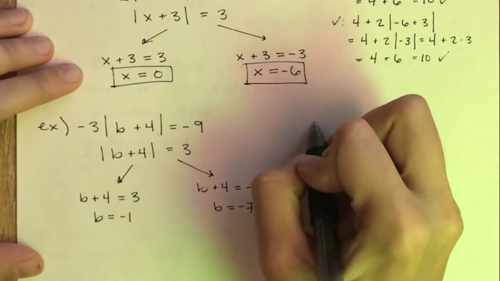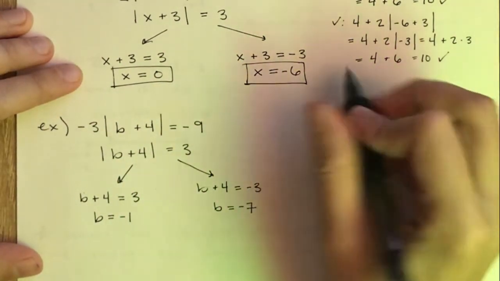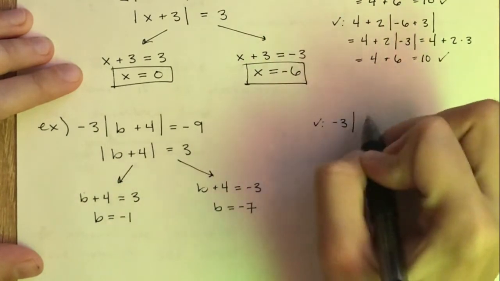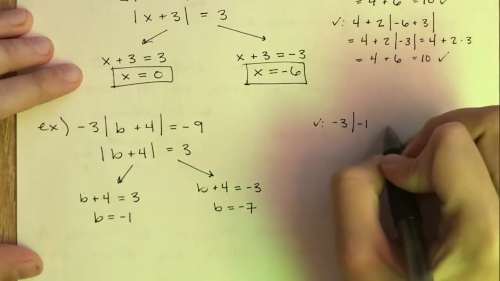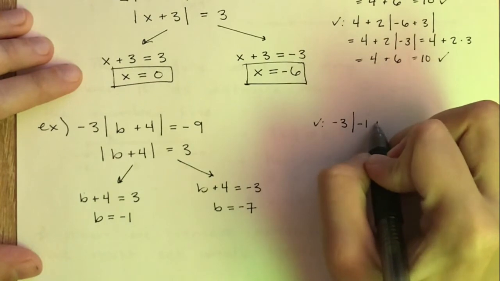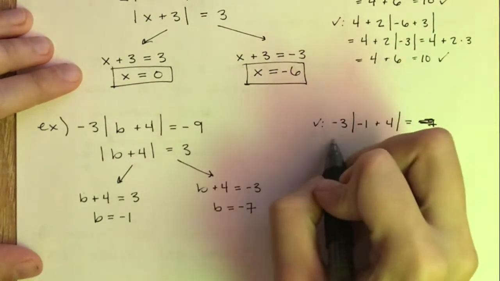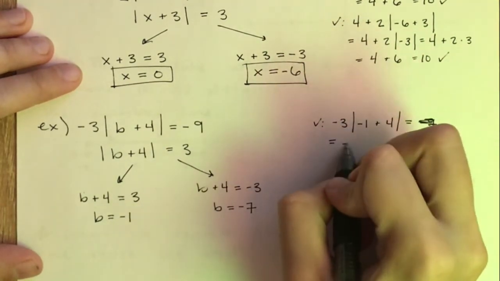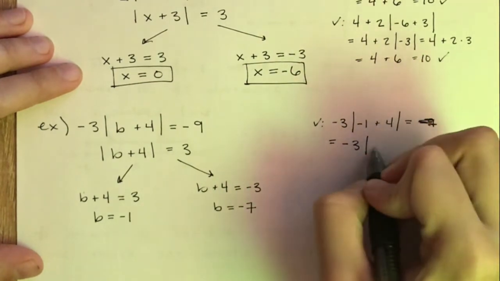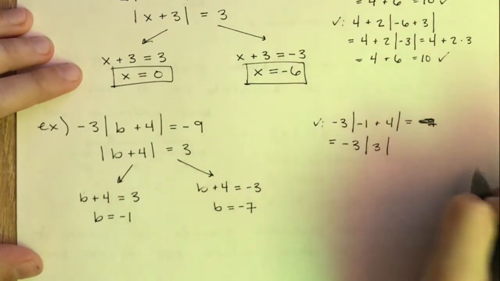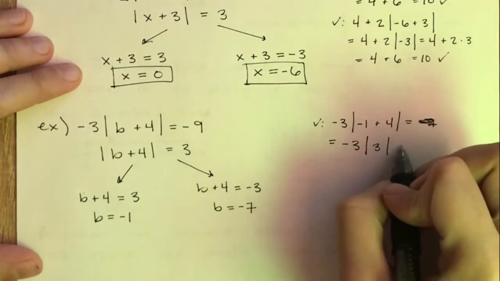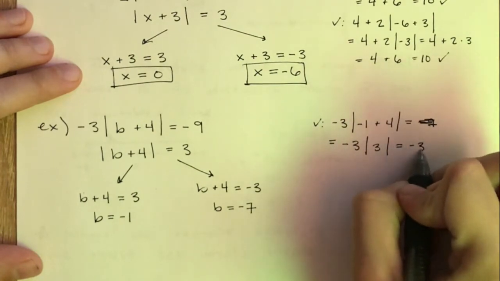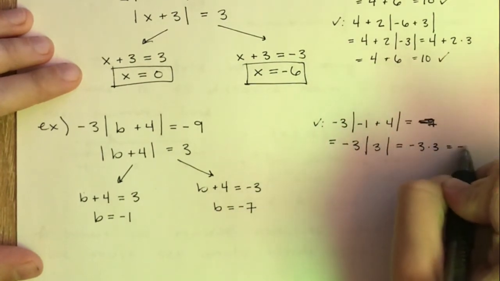We can check if we want. -3 times, we want b to be -1, plus 4 is -3 times the absolute value of 3. So we end up with negative 3 times 3, which is negative 9.